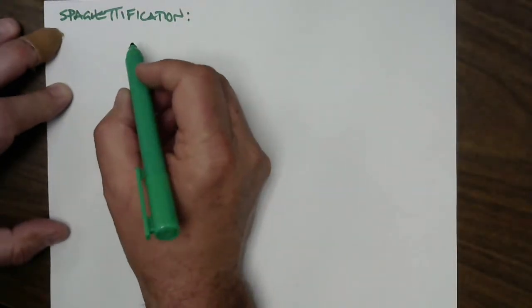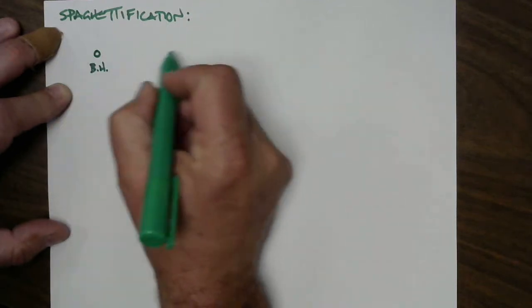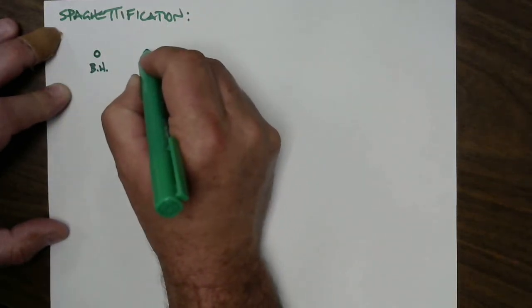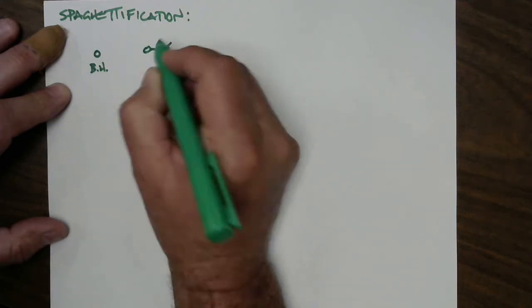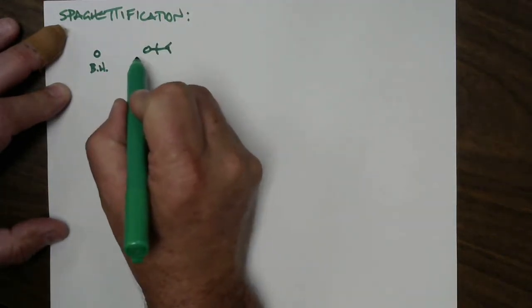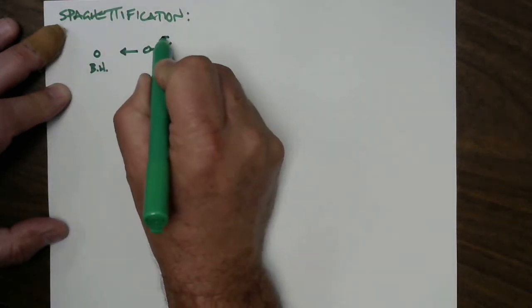Here's why. As you approach the black hole, and I'll just write BH for black hole here, as you get close, let's just say that you're going to dive in with just your body, but this would work for a spaceship as well. Here's you, and your head is closer than your feet are.